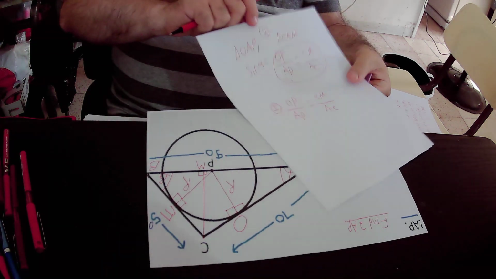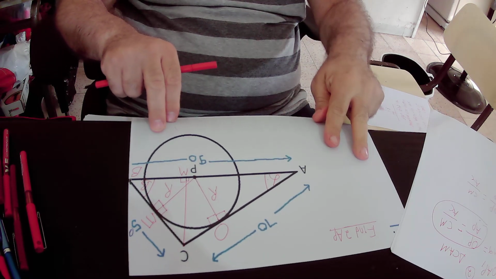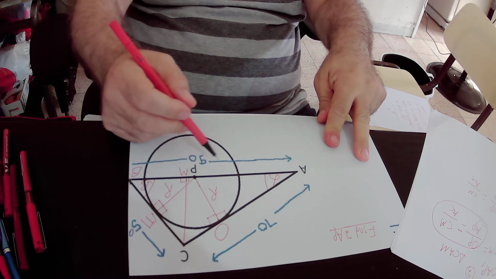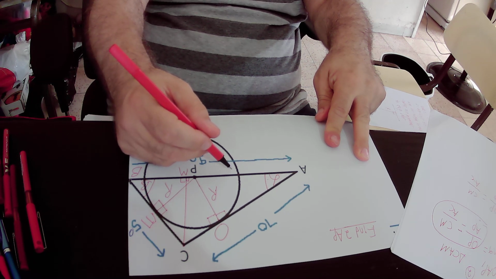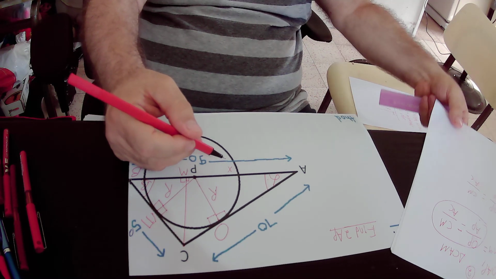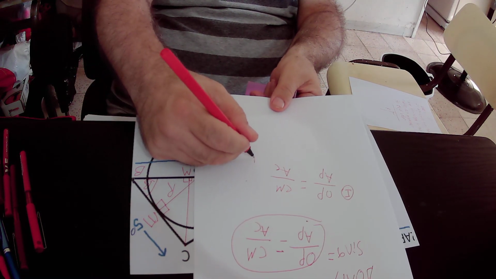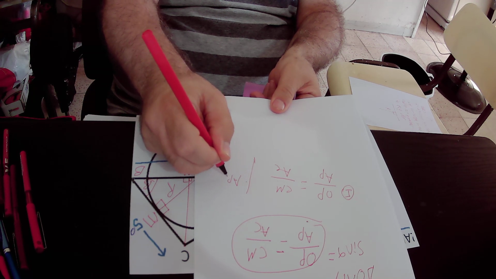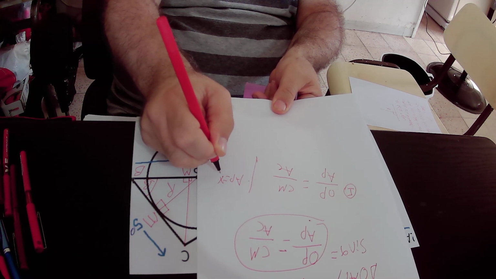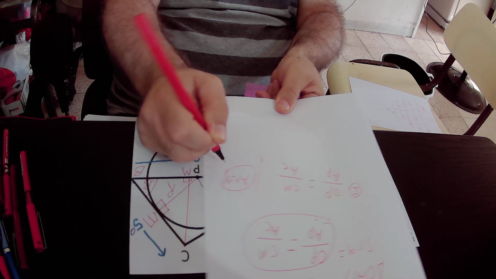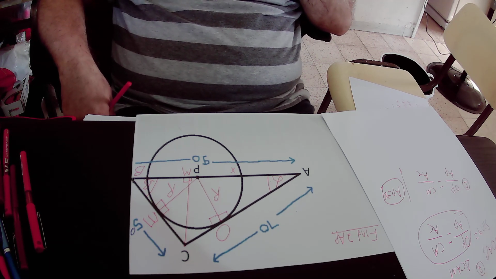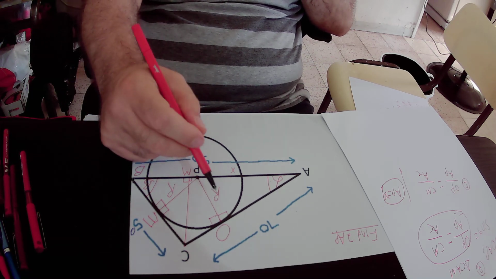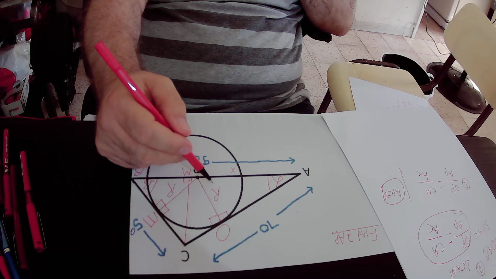In the next step, we will define AP as X. So AP equals X. I write it here, that AP equals X. And actually, as I told you in the beginning of the lecture, OP is the radius of the circle.